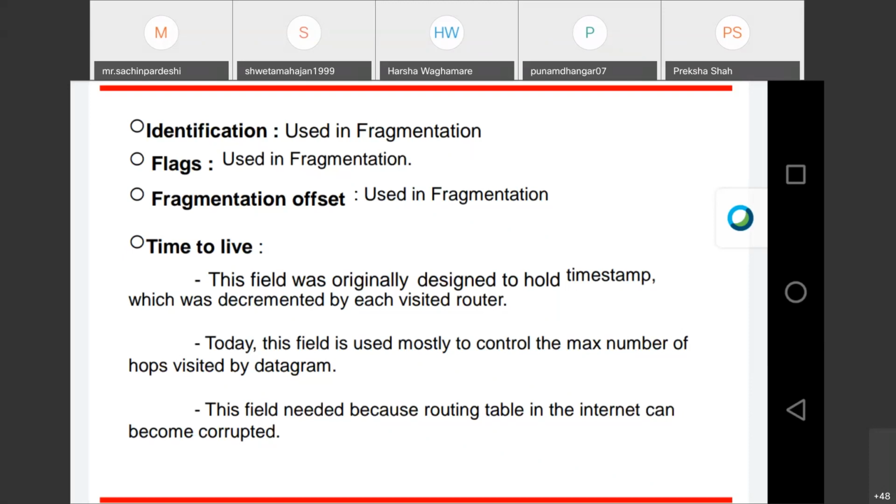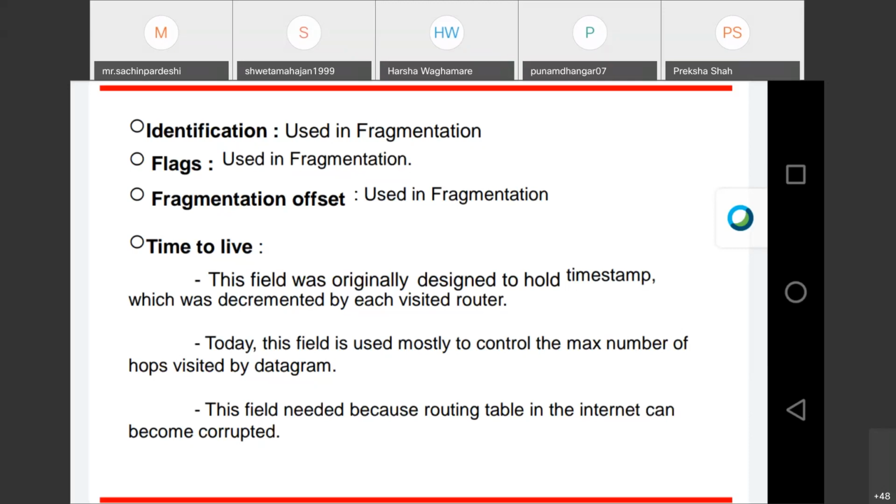But today, this field is used mostly to control the maximum number of hops visited by the datagram. So here, the source adds the total number of routers the datagram has to visit to reach a destination. For example, from source to destination, the datagram has to visit 4 routers.